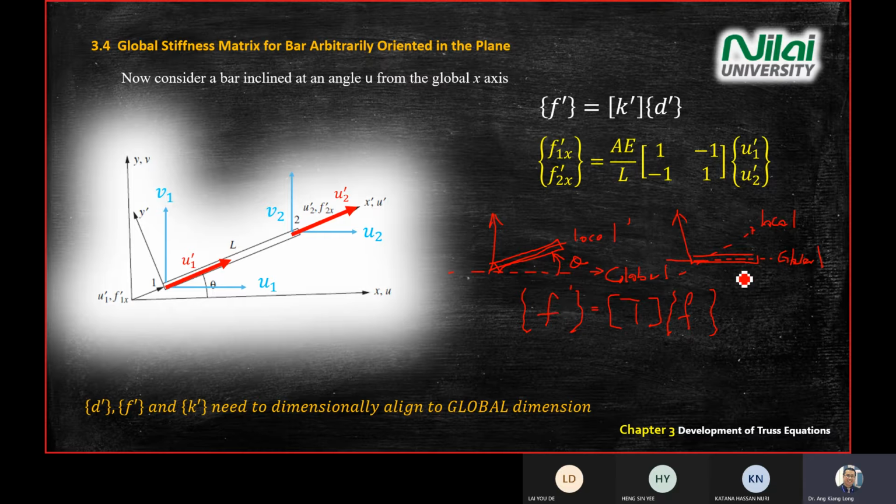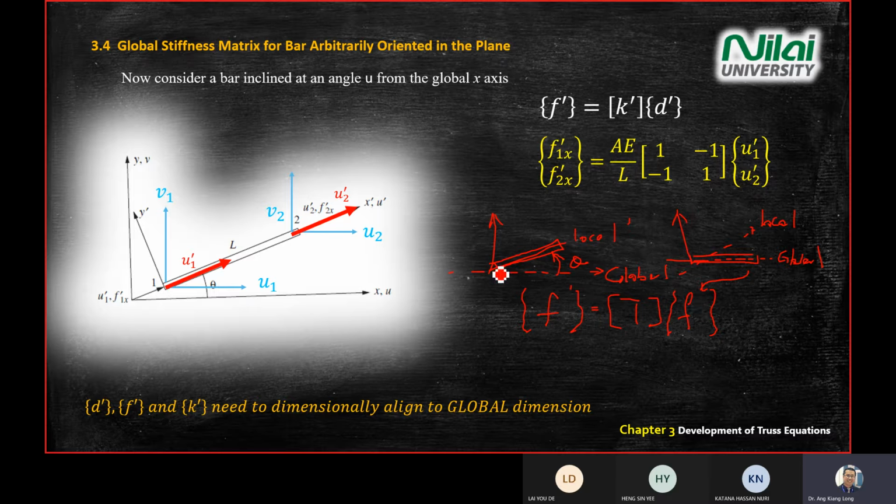But if your exam question gives you a bar aligned to the global, then you start filling in your data in the global first. Then you solve from here. Then you can find your F prime in this equation. So you just use the same equation, only you look at the diagram or the problem, and then you fill in the known data first, the given data, in the correct location.